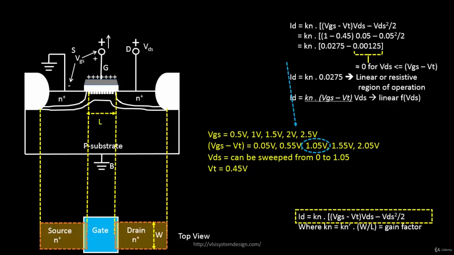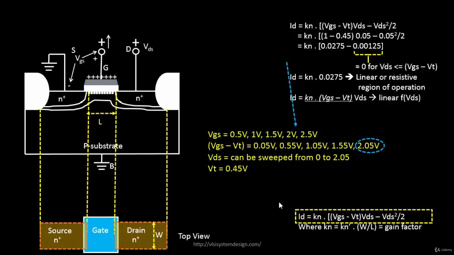So at every value of VGS, you will have different values of VDS to sweep to still make this device operate in a linear region. We will soon be doing some calculations using this model. Similarly, for this condition VDS can be swept from 0 to 1.55 volts, and for this one from 0 to 2.05 volts.